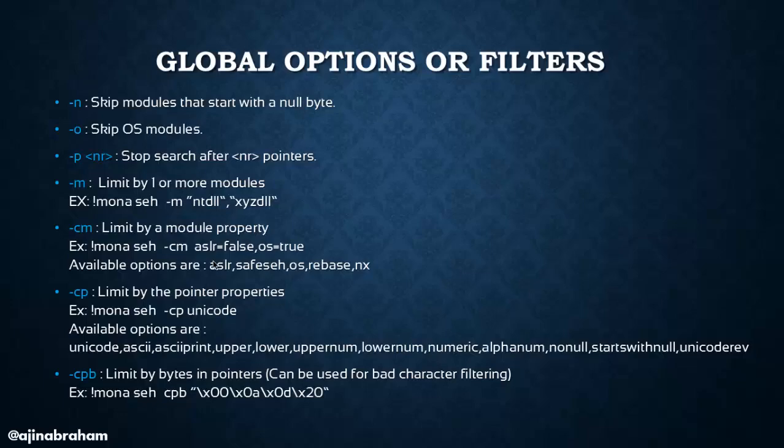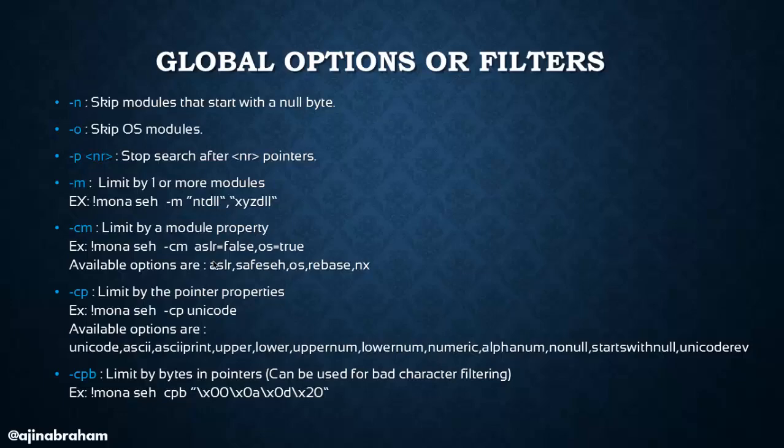So this is a good feature which can be used for filtering the bad characters. Suppose you want a pointer that doesn't have something like 00, the null, then you can issue the command !mona seh, that is for getting the PPR, then -cpb.